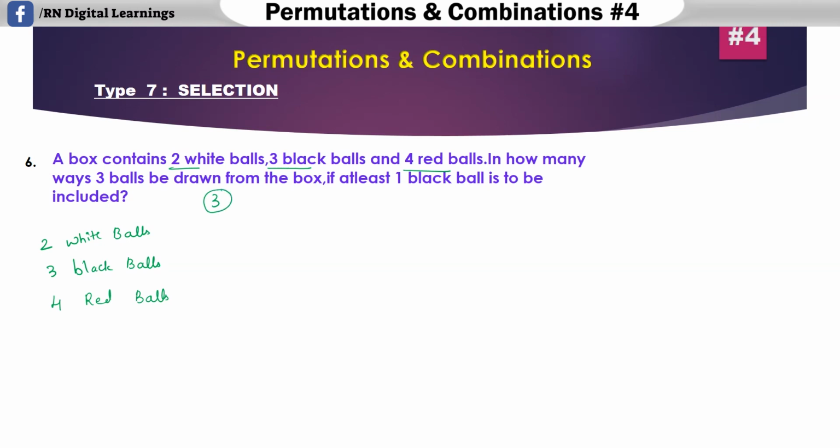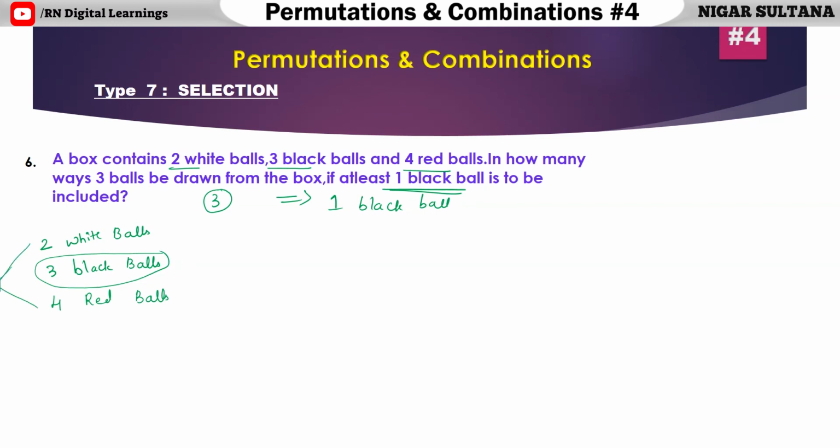Now the condition is at least 1 black has to be there. 1 black ball has to be selected. Now I will consider this as my black ball, right? Now this 2 as my non-black. Okay, this white and red are my non-black and this is my black.